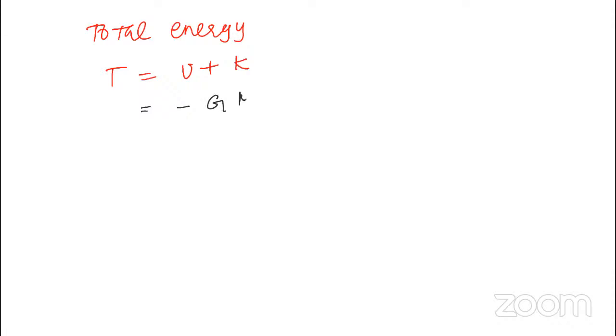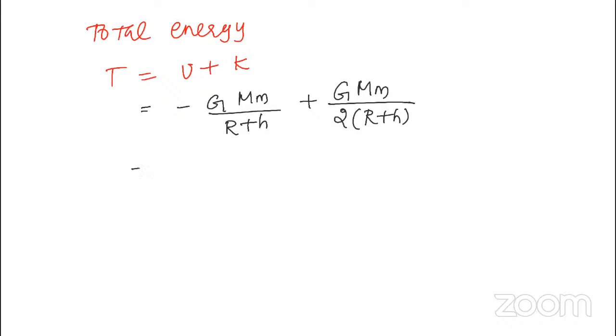It is minus G M m by r plus h plus G M m by 2 into r plus h. So here it is minus 1 plus 1 by 2, and the value is minus half.